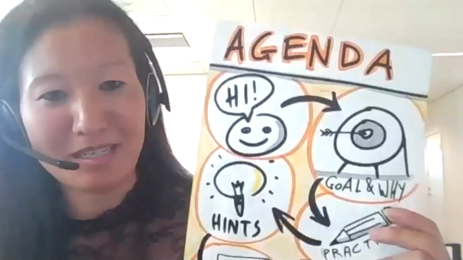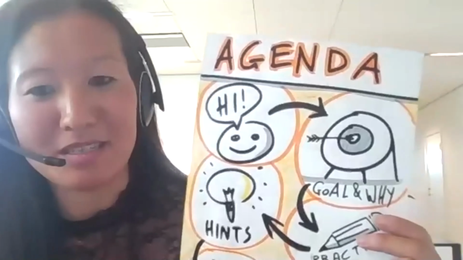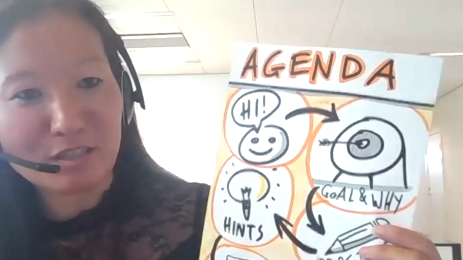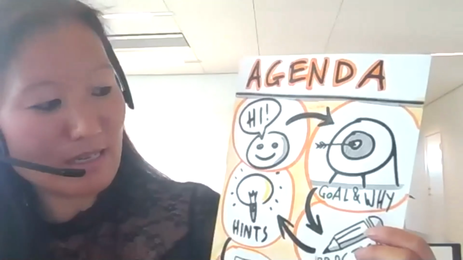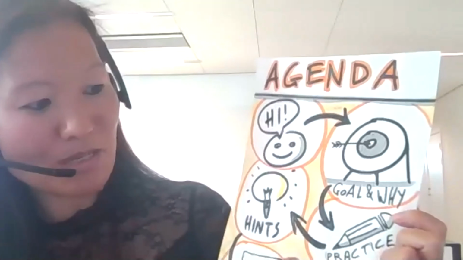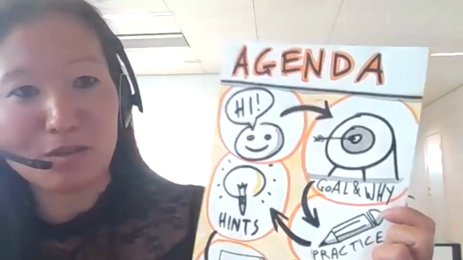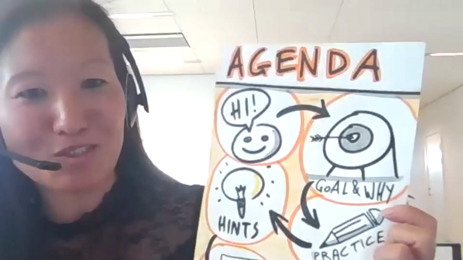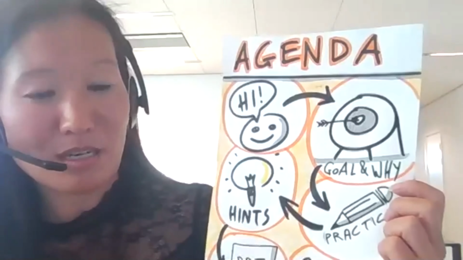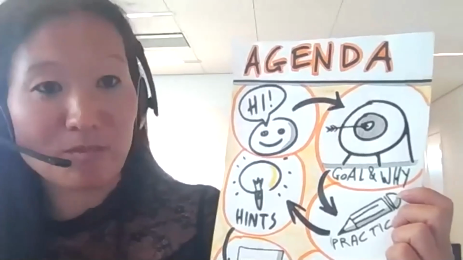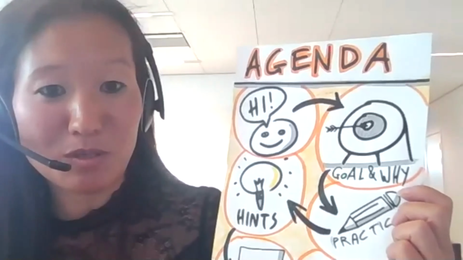The agenda for today is we're going to say a short hi again, and a little check-in exercise. We're going to talk about the goal, and then we're going to do the workshop part. We're going to practice a lot. You're going to do a lot of drawings yourself and show them to each other. And then we'll end with some hints and tips and tricks on how to get started. We're also going to show you some tips in PowerPoint.